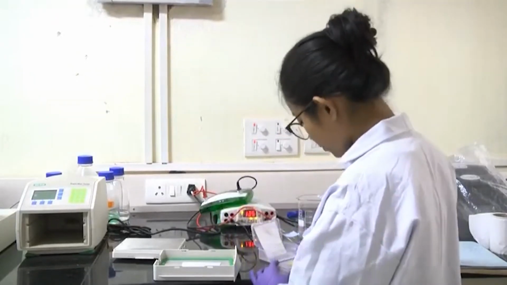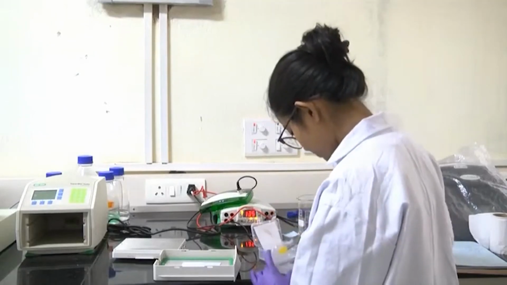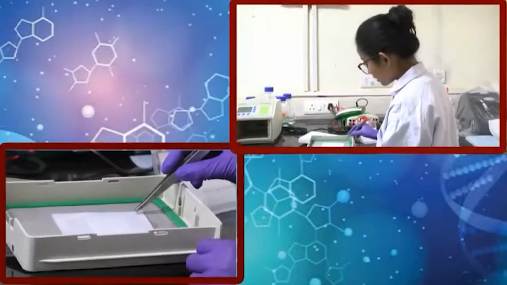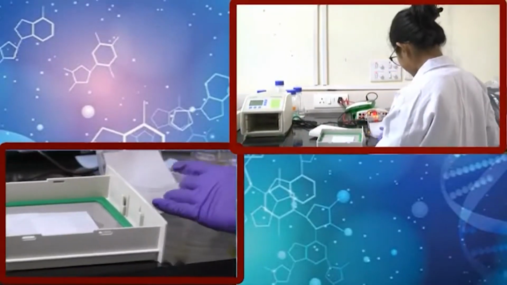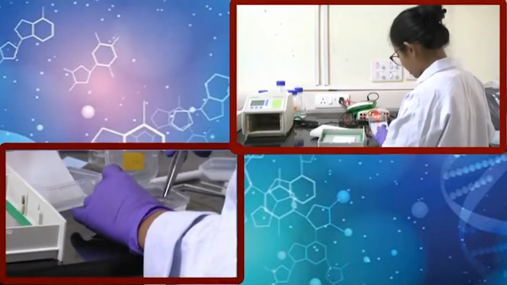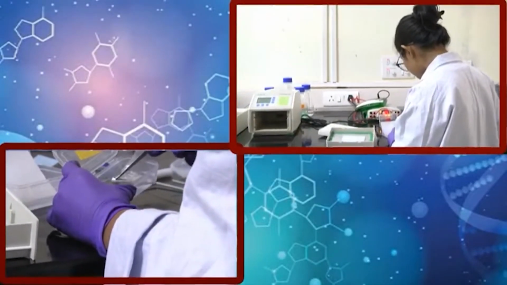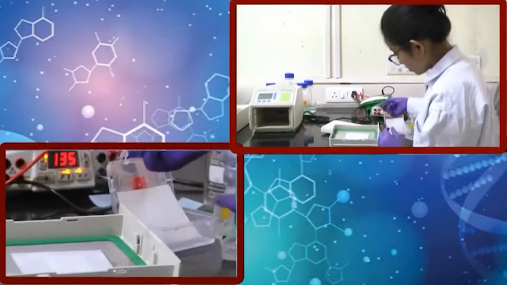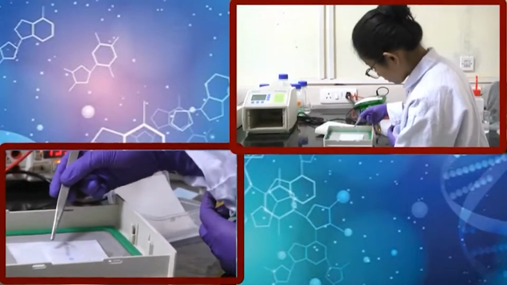Then on the top of the membrane we will put our gel. So on the top of the blotting paper I have kept the membrane. At the bottom there should be 4 to 5 blotting papers which are soaked in the transfer buffer, and now I will put the gel on the top.